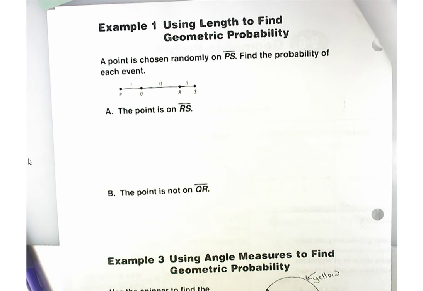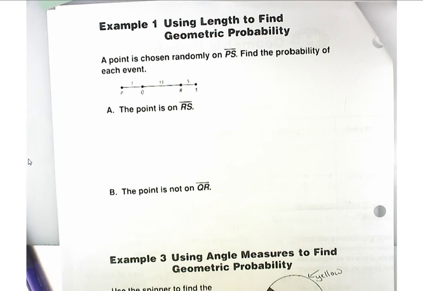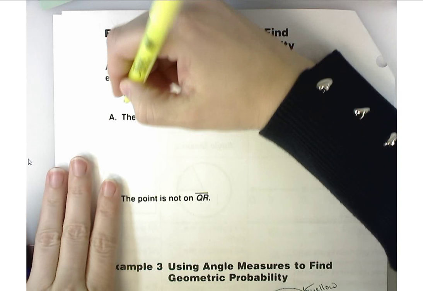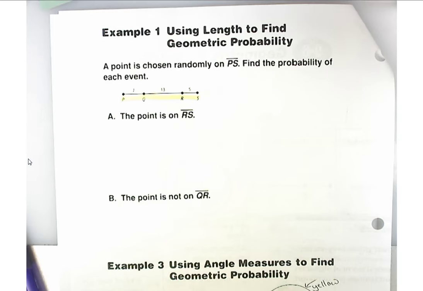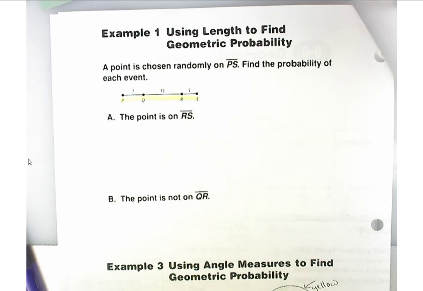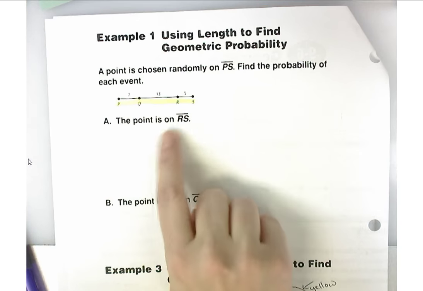I'm going to use my highlighter. If a point is chosen randomly on PS, it can be anywhere from P to S. So that's what we would call our total outcomes.